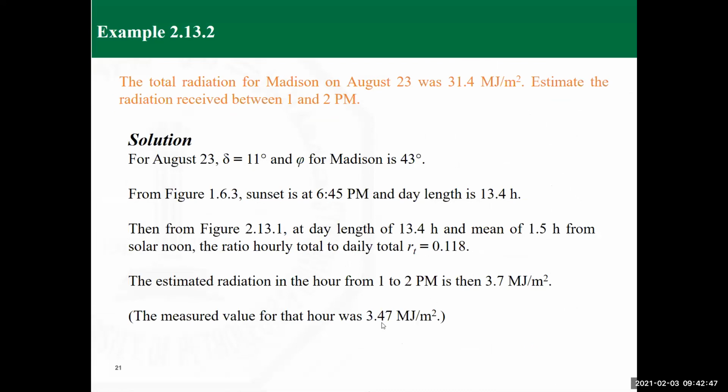Accordingly, you can get the value of I for that hour here, which is 3.47 megajoule per meter square, which means that this 0.118 is basically I divided by H, and H is 31.4. Then multiply the 0.118 into the 31.4, you'll get 3.7 megajoule per meter square, which is the amount of radiation that has been emitted over this hour, which is basically between 1 and 2 p.m.